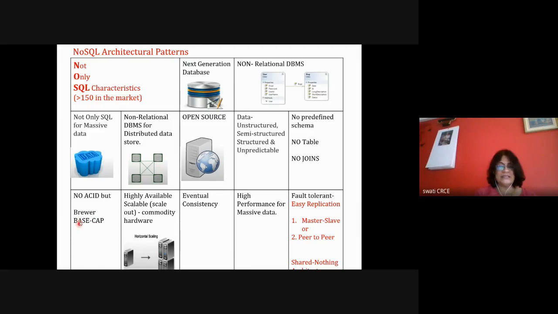NoSQL follows BASE, and Brewer also said something about the CAP theorem, where C means consistency, A means availability, P means partition tolerance. Availability means it should be available at all times.